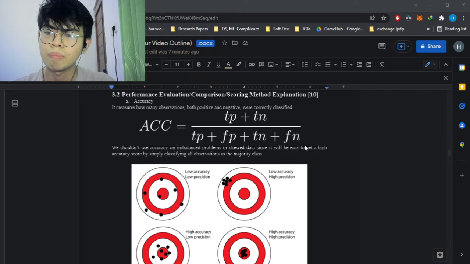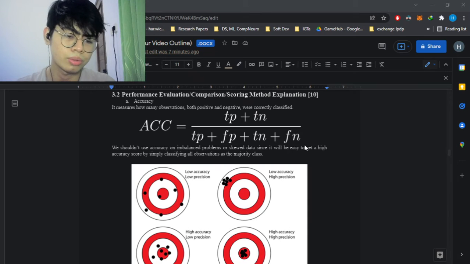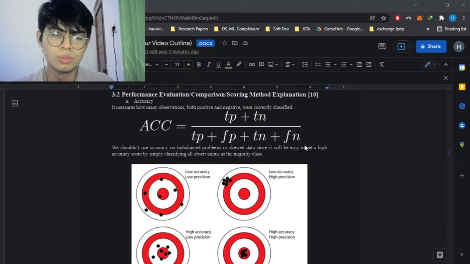I think the majority of the data is classified as malignant, if I'm not mistaken.